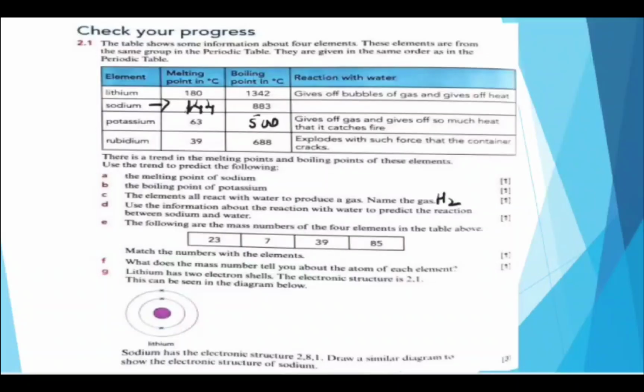Okay. So can I write it here? Sodium plus water. Sodium, group 1 element, sodium plus water gives me sodium hydroxide.